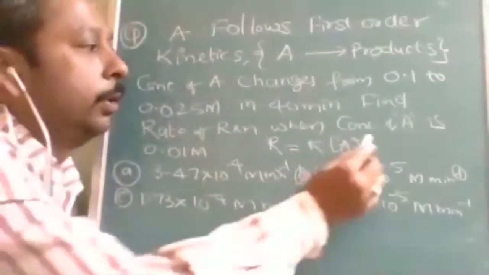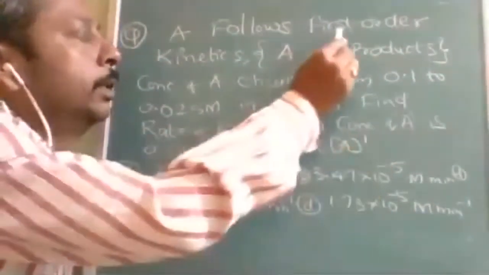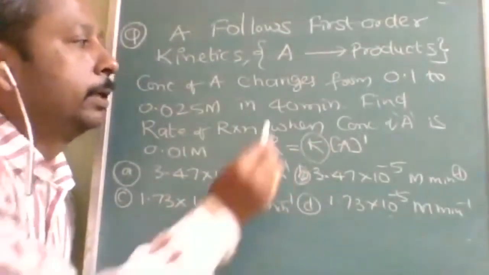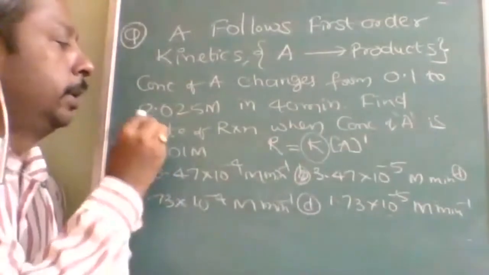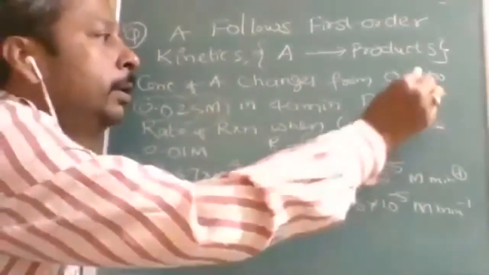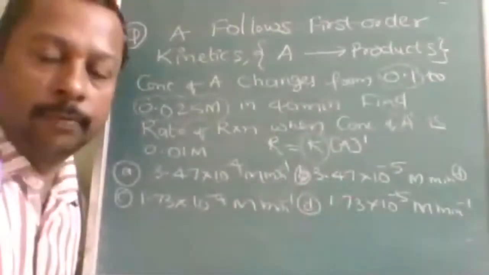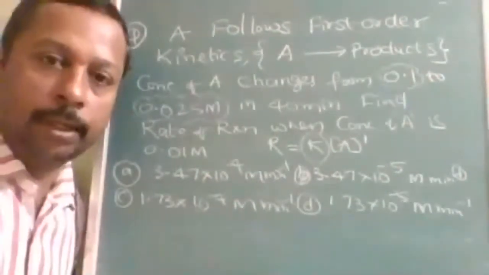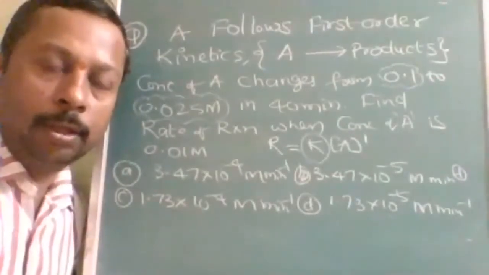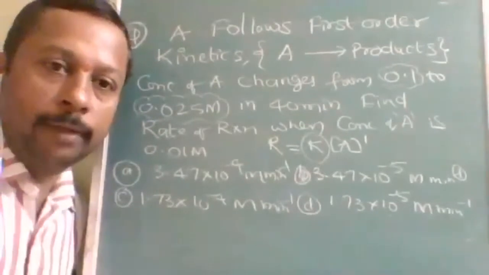Here, why have I written 1? Because it is first order kinetics. From where will I get K? There is a keen observation to be done. I have seen your answers, let me explain. In one of the lectures I told you how to find K from the half-life.